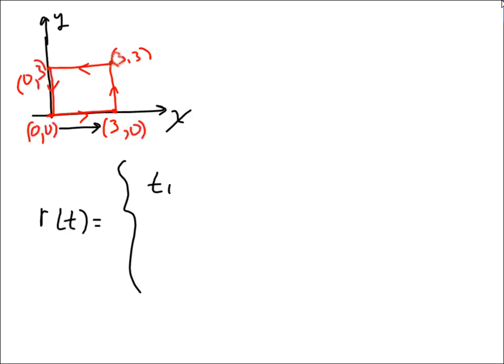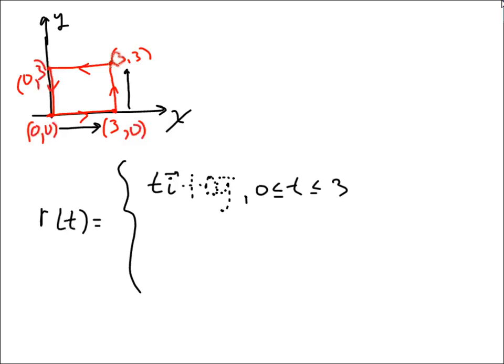Well, we can call it t i, going in the i direction, plus 0 j, and t goes between 0 and 3. That is always on the x-axis because you have 0 j, and the x is just t, where t goes from 0 to 3.